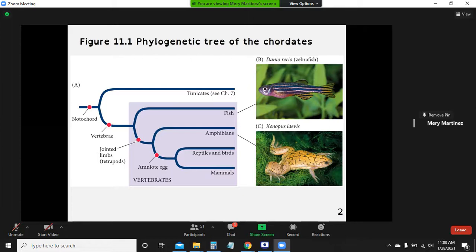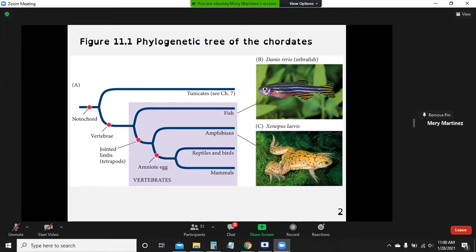Fish and amphibians are widely used for developmental studies due to the large number of eggs that they produce, right? One clutch can have 500 eggs, right? And they have external fertilization, which becomes very handy if we want to induce fertilization ourselves to study all the different stages of development and the different things that can affect that development.